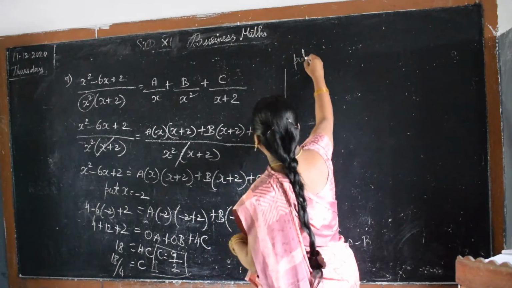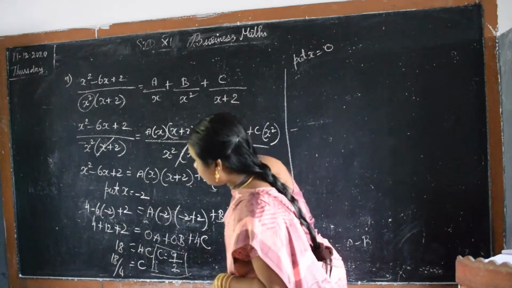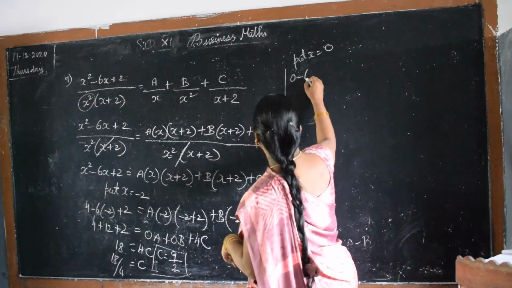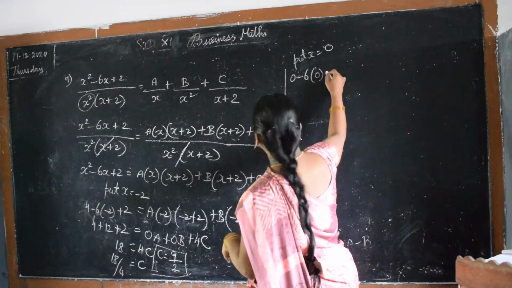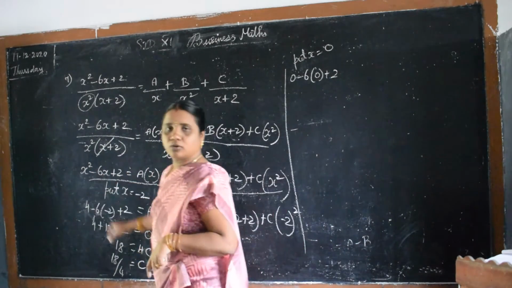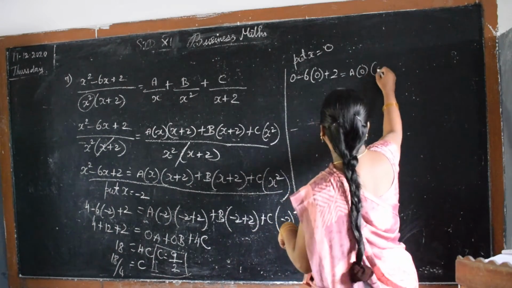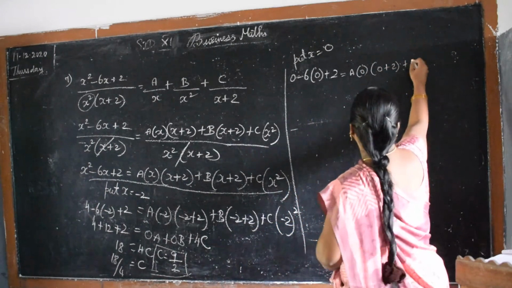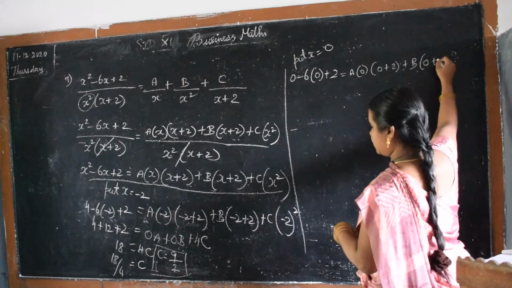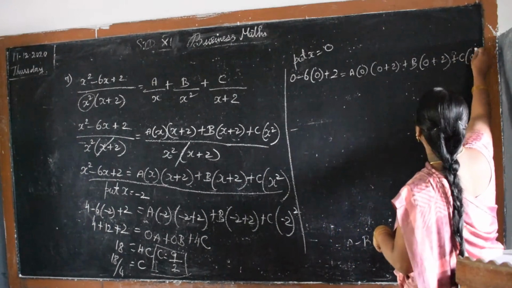Next, put x is equal to 0. Wherever there is x, put 0. Plus 2. In this line you have to substitute. Okay. Plus b into (0 plus 2), plus c into 0.